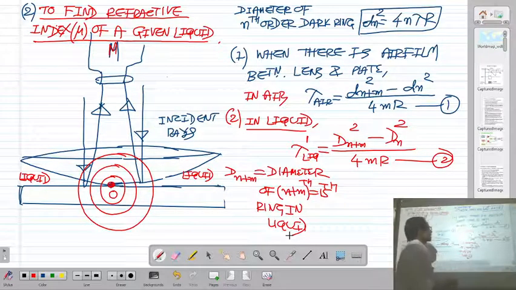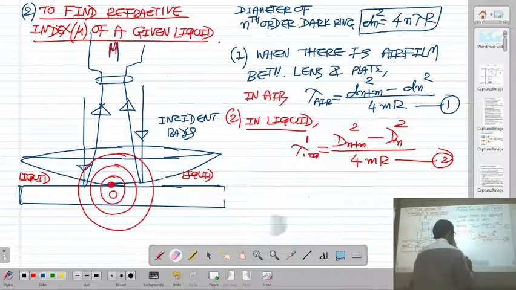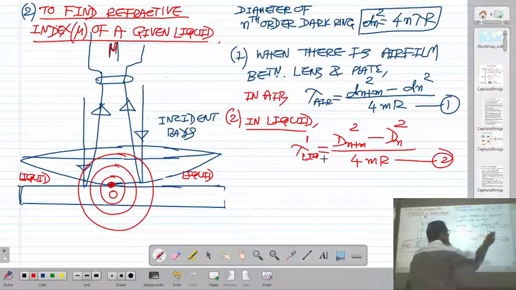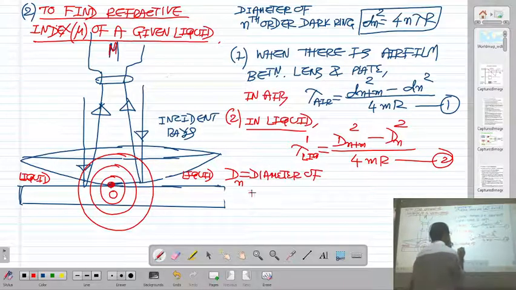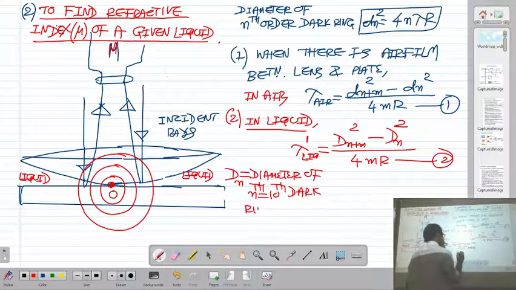And what is D n? This D n is the diameter of the nth, that is the 10th order dark ring in liquid.